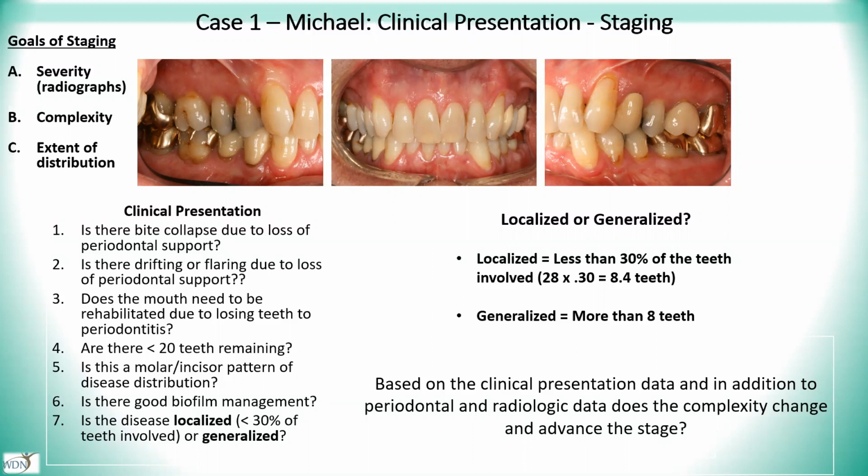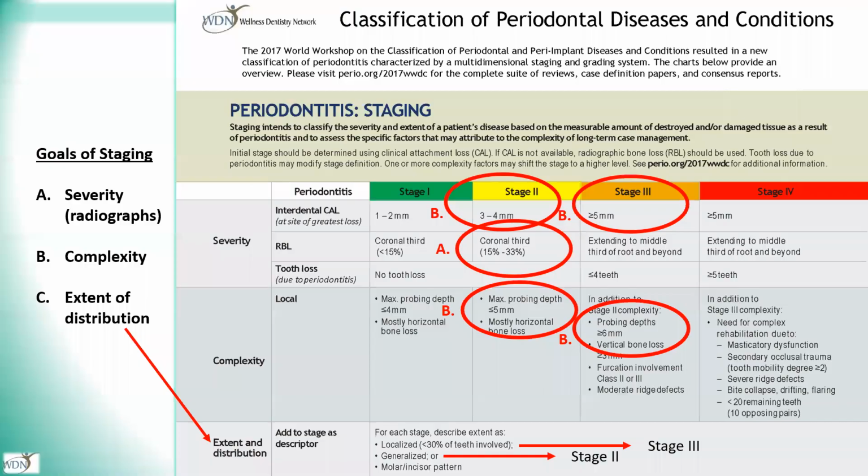So as I summarize where we are on staging, based on the clinical presentation, the data that we know so far, in addition to the periodontal chart and the radiographic data that we already went over, does the complexity change and advance the stage based on these questions? And I don't really think it does.